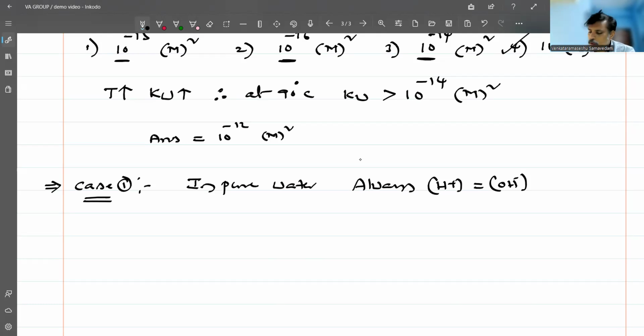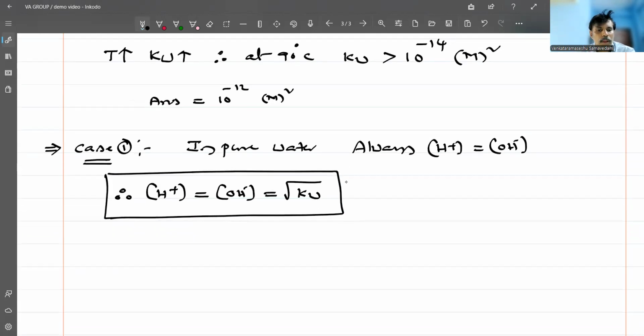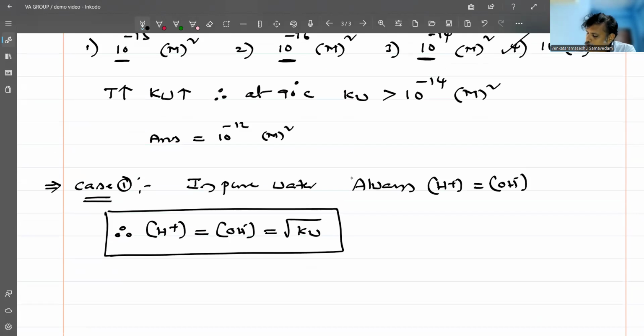Therefore, the relationship with respect to Kw: H plus ions concentration, which is equal to OH minus ions concentration, is directly equal to the square root of Kw.